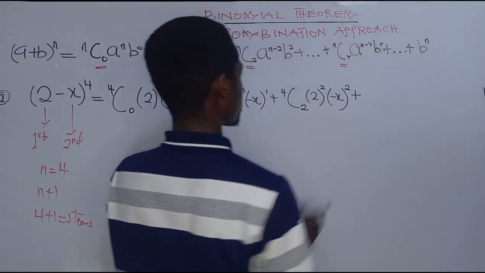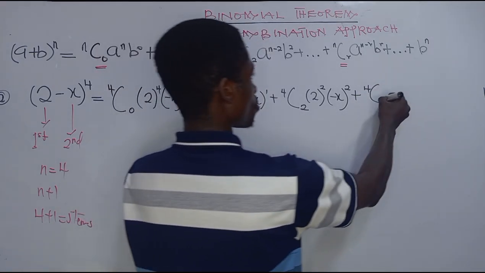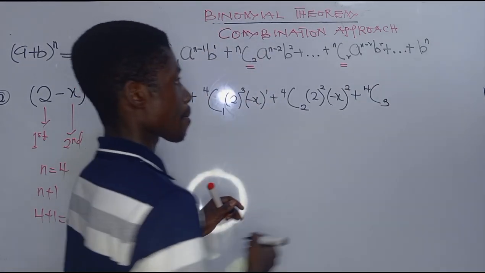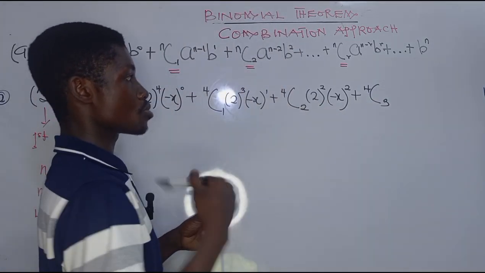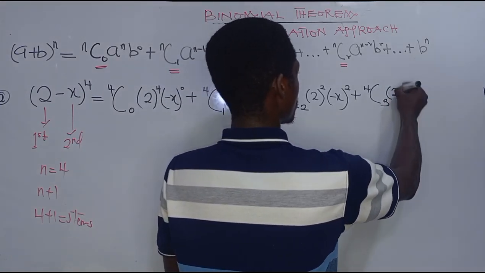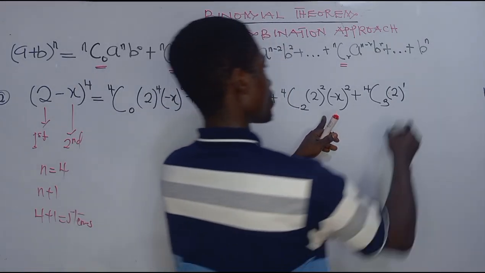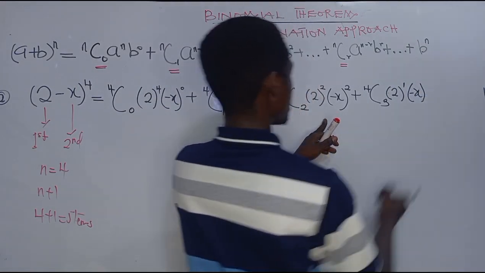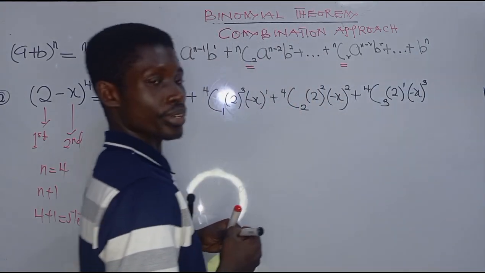Then we have our plus 4 combination 2, we move towards 3. Then we have the first term, which is 2. The power will decrease from 2 to 1. And then the second term power will increase from 2 to 3.